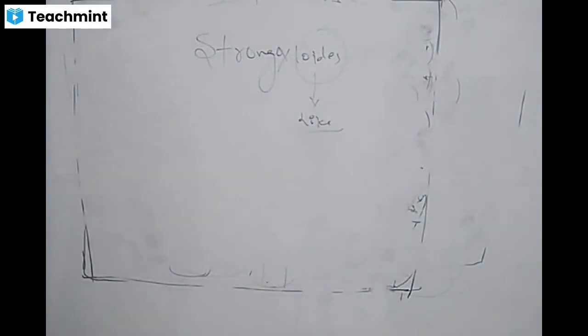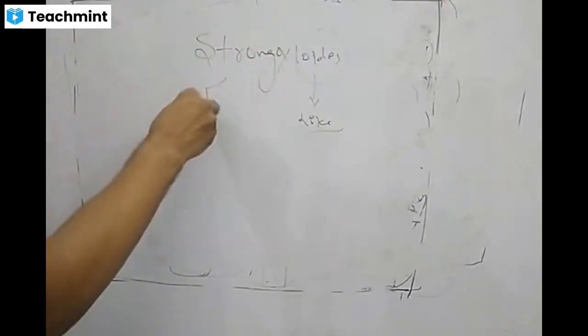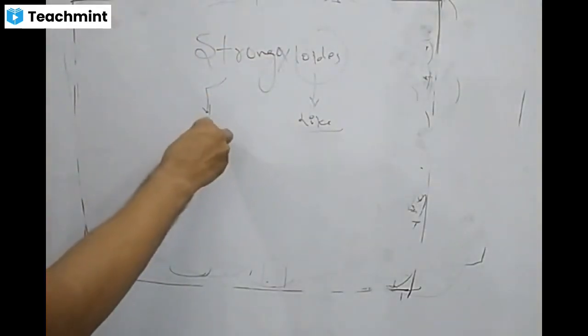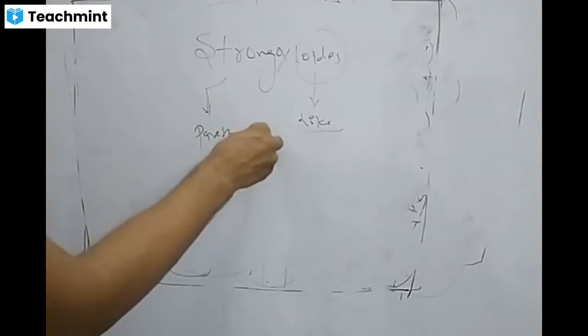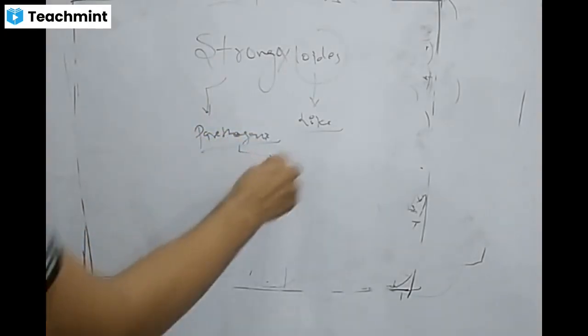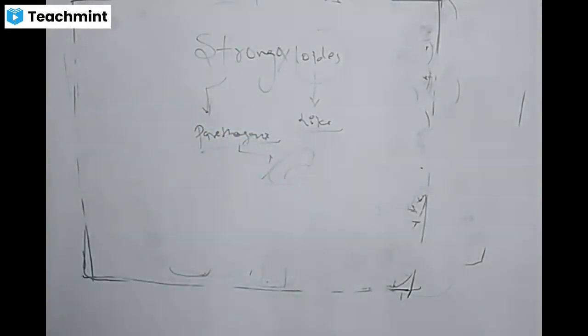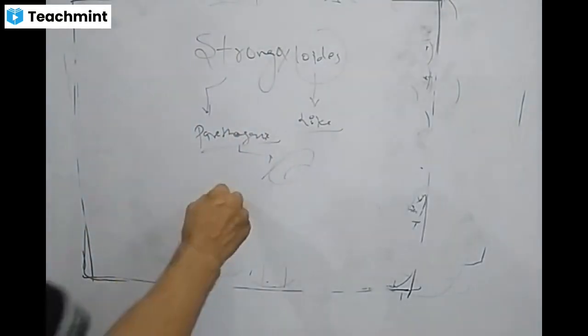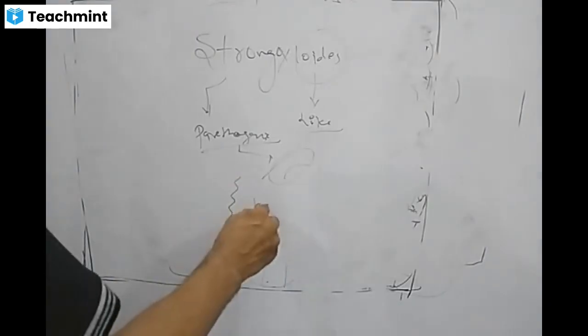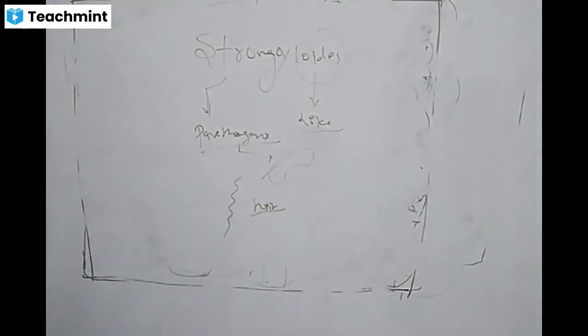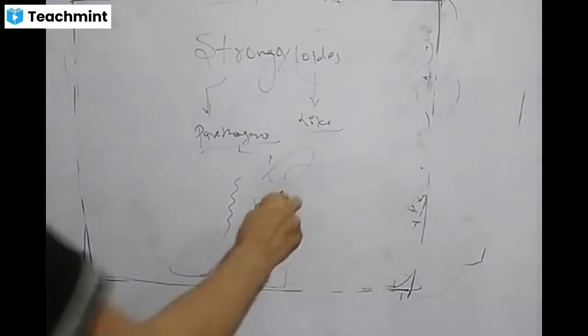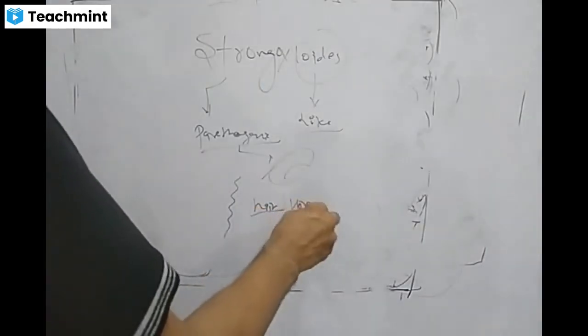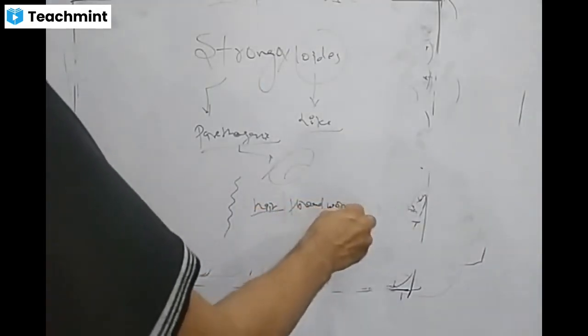So their life cycle or everything is different from all other nematodes. Here, the females are parthenogenic. Without fertilization they will give the egg. Parthenogenic. And these are like a hair, so we call them like a thread. We call them threadworm.